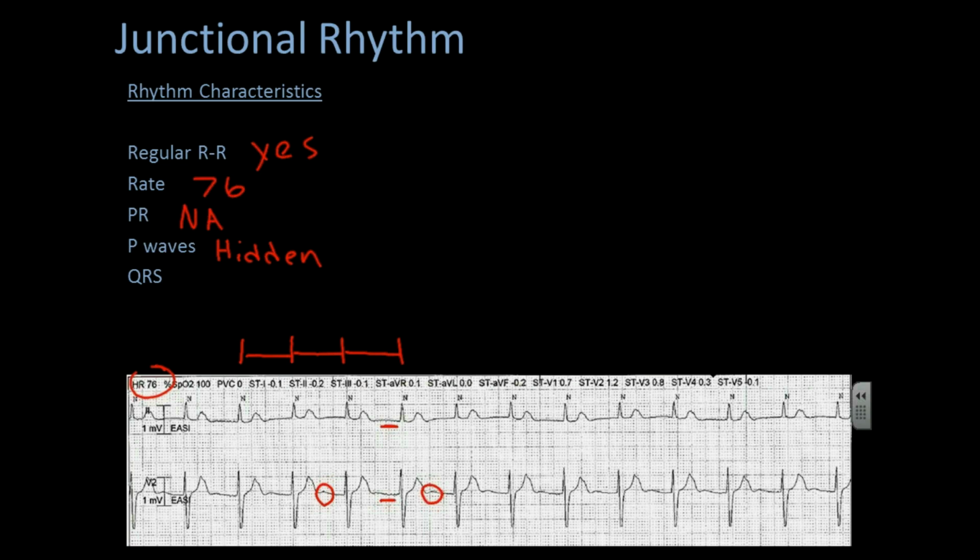I don't think this is an idioventricular rhythm, so I'm going to say they probably have accelerated junctional rhythm with a bundle branch block. And since I took this strip, I happen to know that's exactly what they were in.